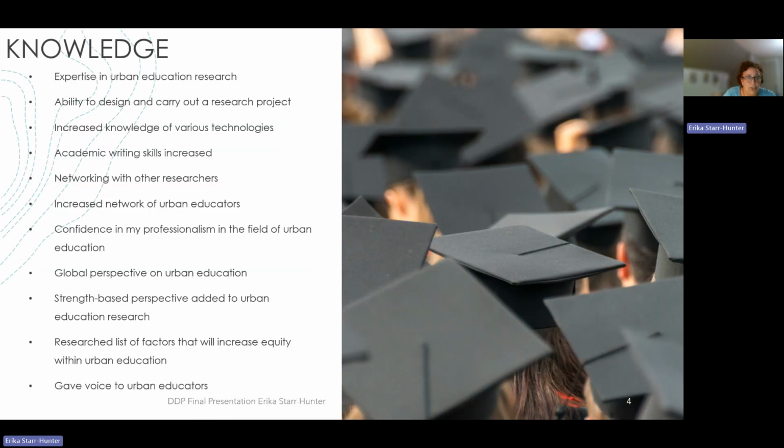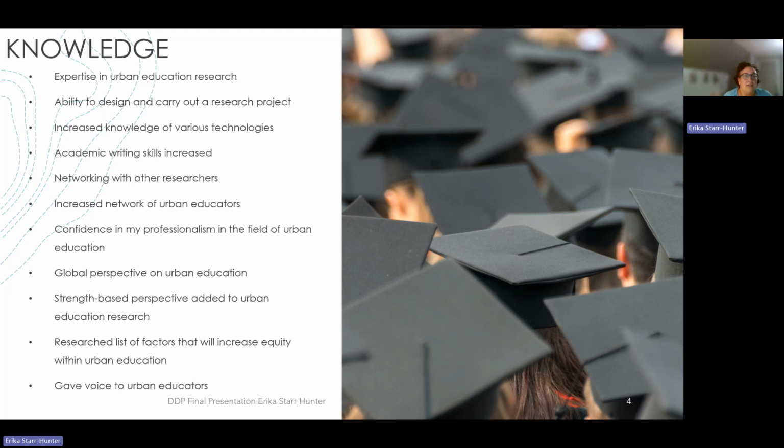The knowledge. So what I think I have gained, my own personal knowledge and the knowledge that I think I'm adding to academic research. I have gained an expertise in urban education, research done on urban education, having read so many different studies. I feel like I can safely say I'm now getting towards expert on it.